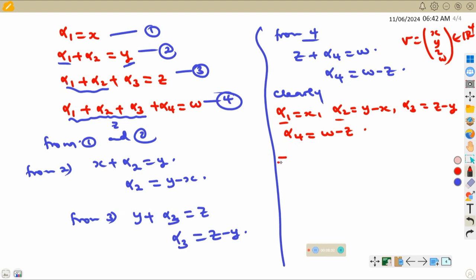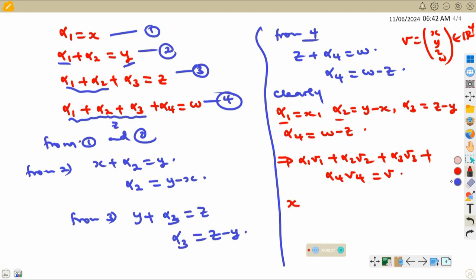So this will imply that we are able to write alpha 1 v1 plus alpha 2 v2 plus alpha 3 v3 plus alpha 4 v4 equaling our vector v, because you already know v, and you already know alpha 1, which is x.